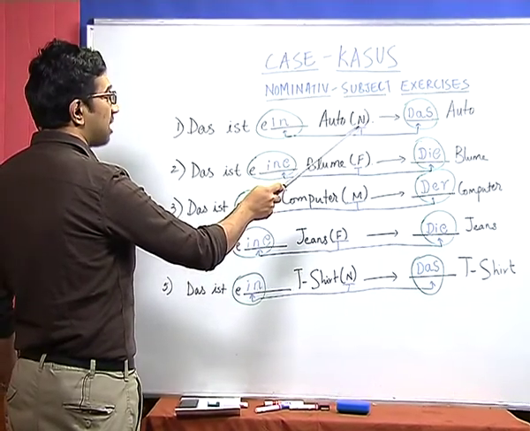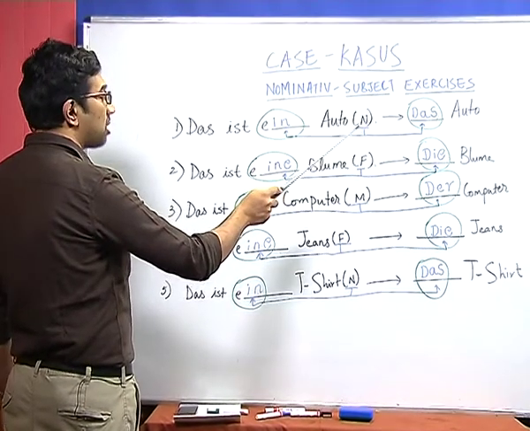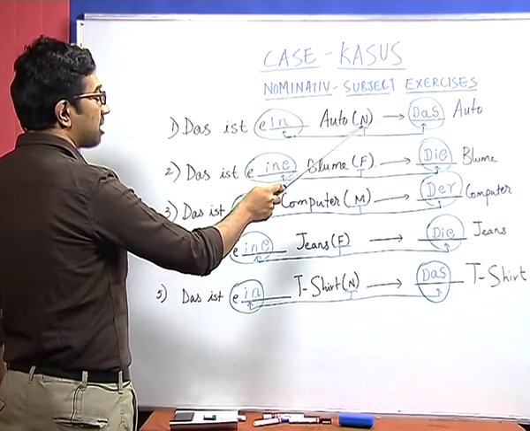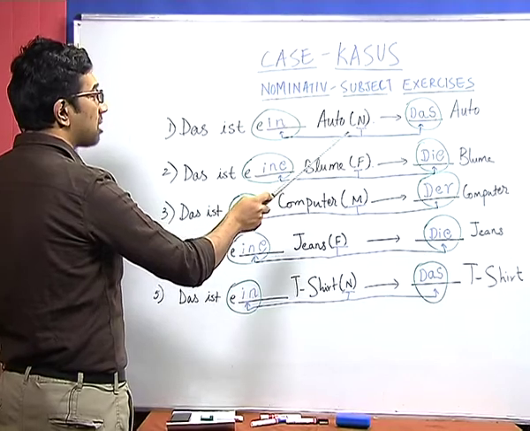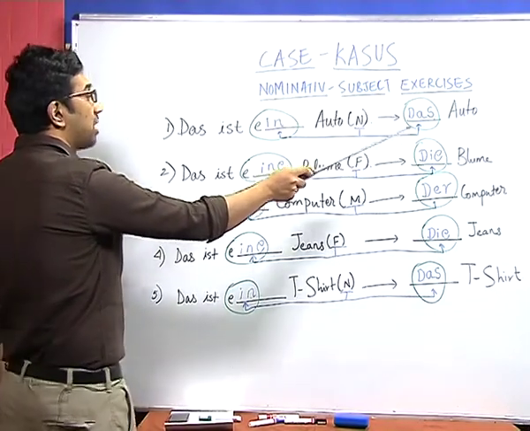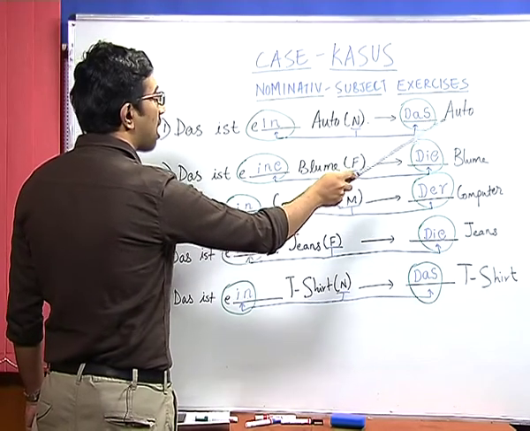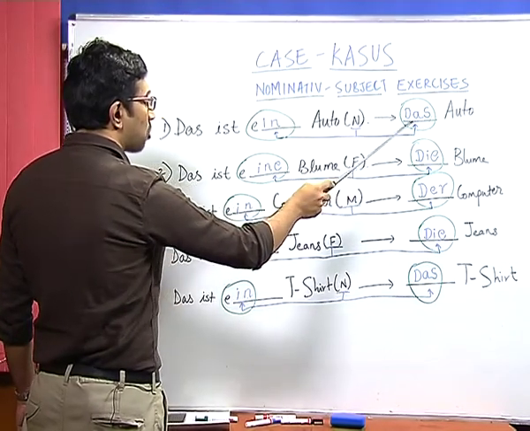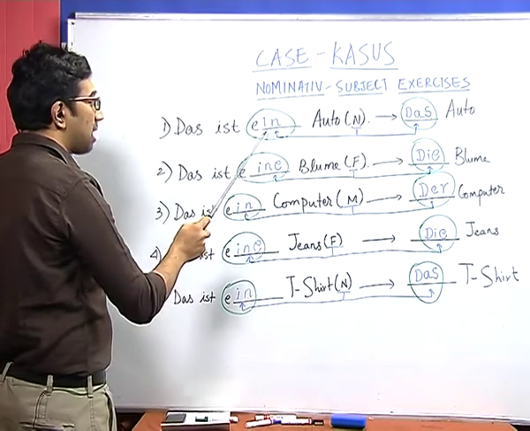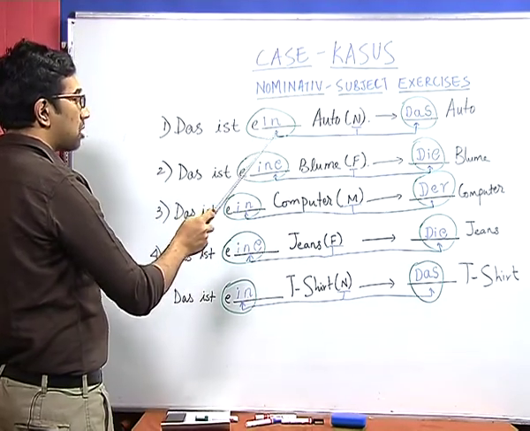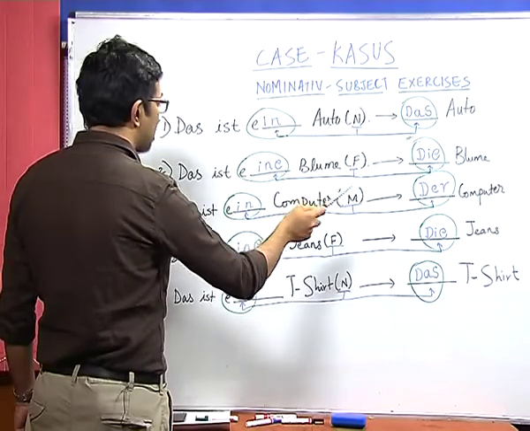It is N. N, as you know, means the grammatical gender neutral, and thus we have the definite article written here, das Auto, which corresponds to the indefinite article ein. So the answer is right.